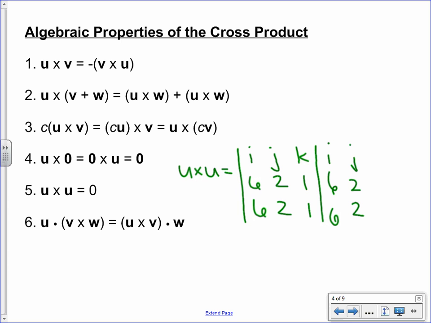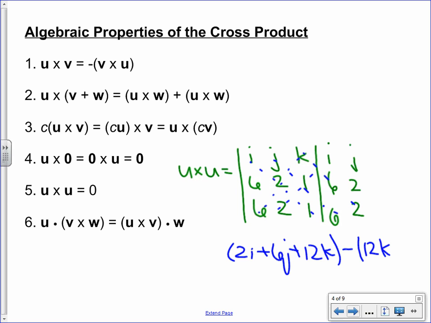When we take our product, we get 2i plus 6j plus 12k, and we'll subtract, just like Joey said, 12k plus 2i plus 6j. We get the same products here as we do here, so we subtract them and they become 0.